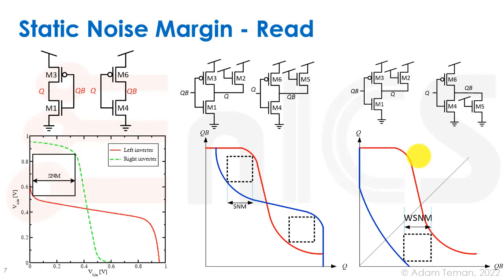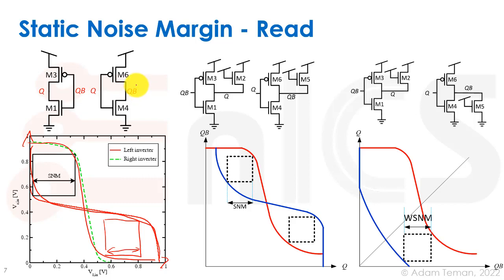Let's go over the different types of static noise margin we have. If we take our 2 cross-coupled inverters, separate them, and put the Q and Q bar onto the same axis, we get the VTC of the feed-forward path, the regular VTC of an inverter, and the flipped VTC of the feedback path, where this is the V in and this is the V out, from something like Q bar to Q. When we put these on the same plot, we get what we call the butterfly curve, and we find the largest square that we can fit into the butterfly, and the length of the side of this square is the SNM that we have during hold.